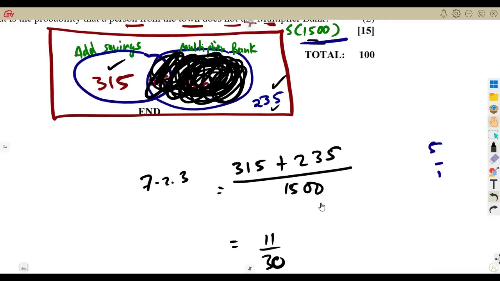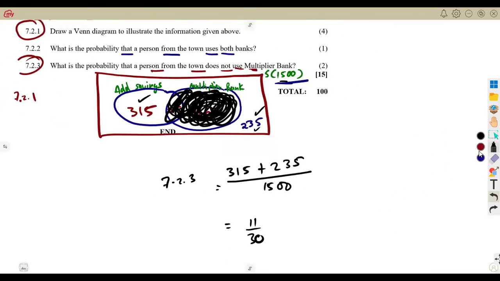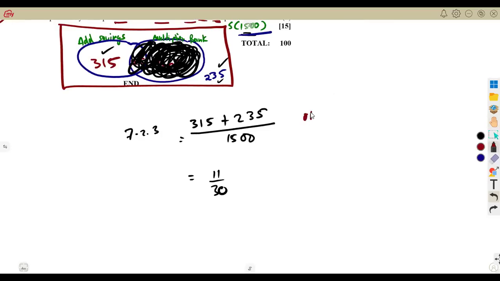Or you can use it this way. We need the probability that they do not use the multiplier bank. What is the number of those ones who are using the multiplier bank here? We are told that 950 use the multiplier bank. So from that 950, another way was simply to subtract 1,500 minus 950. By subtracting these 950 from this one, we are going to obtain 550.